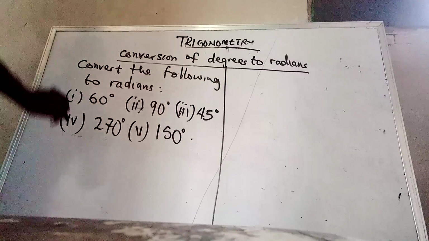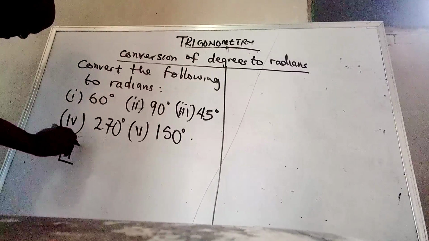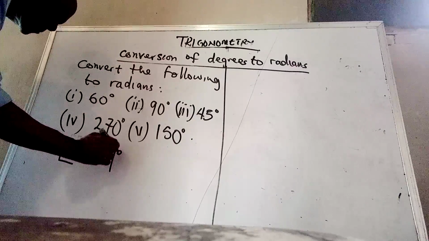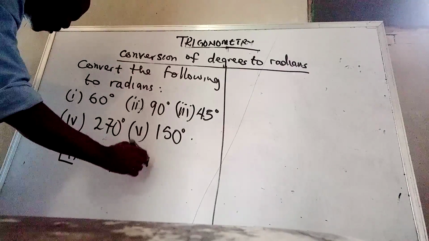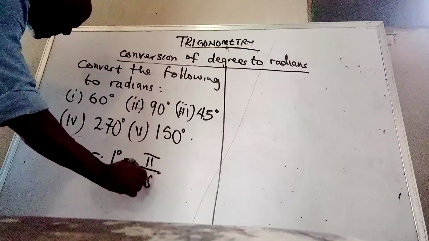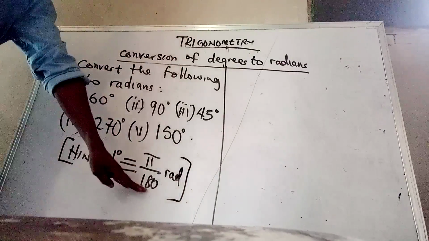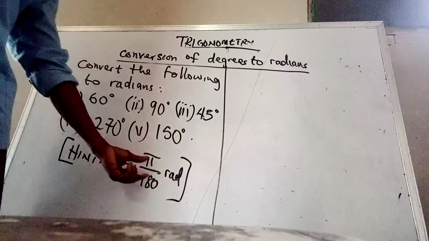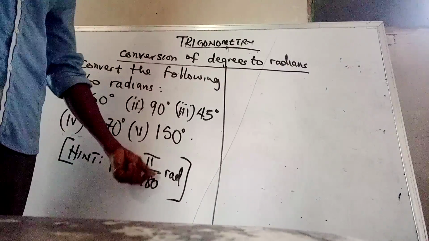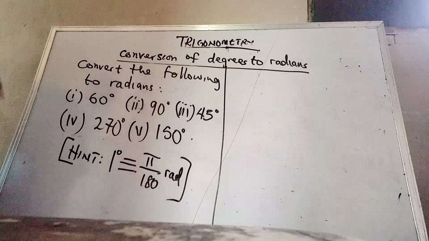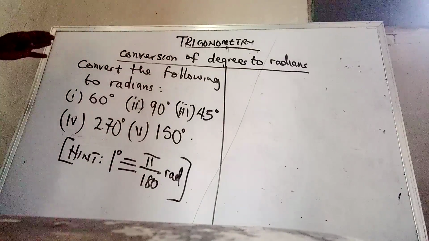Do not forget, I gave you a hint that 1 degree is equivalent to pi over 180 radian. So if you can remember, this is the conversion value that I will use to multiply each of these, and it will take me to radian straight.